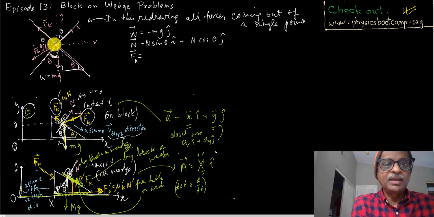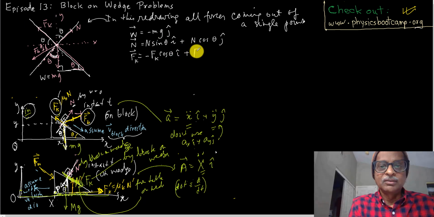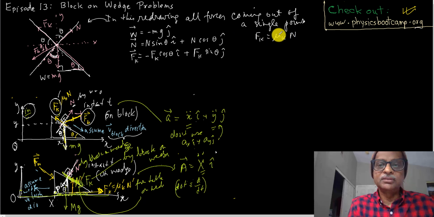So this is going to have a negative x: minus fk cosine theta I hat, but positive y: fk sine theta j hat. So fk is equal to mu k N. This is already given, so this is not a new thing.